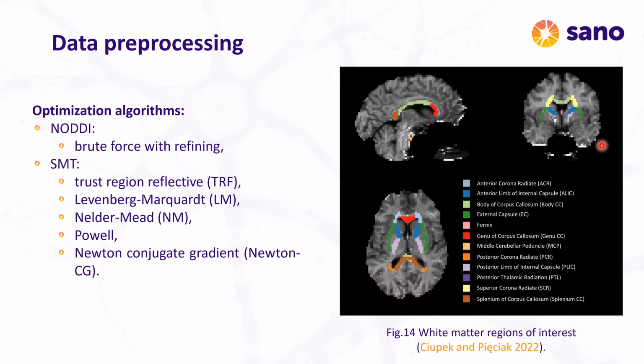In the case of the SMT model, five selected algorithms were used: trust region reflective, Levenberg-Marquardt, Nelder-Mead, Powell, and Newton conjugate gradient, in order to examine how each of these methods affects the accuracy of the multi-compartment models. Also, for the trust region reflective and Powell algorithms, constraints on the values of microstructural parameters were set to biologically relevant ranges: from 0 to 1 for intra-axonal volume fraction, and from 0 to 0.003 for intrinsic diffusivity.